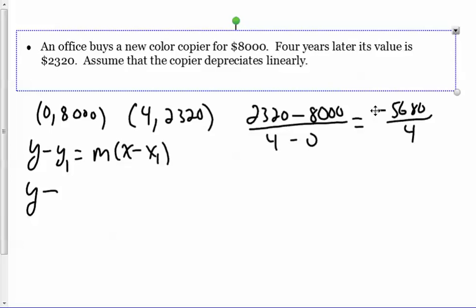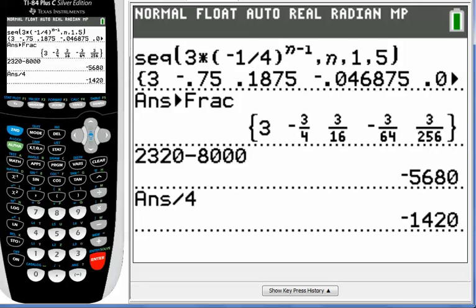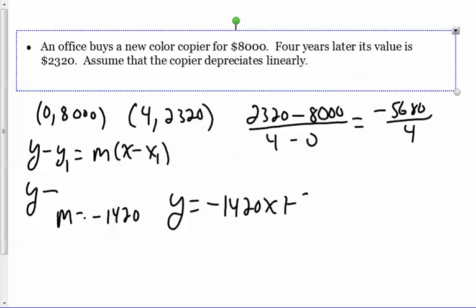If I divide that, negative 5680 divided by 4, I get a slope of negative 1420 per year. So my equation is y equals negative 1420x plus 8,000. I didn't have to go through the point slope formula because I already had its y-intercept, which was 0, 8,000.